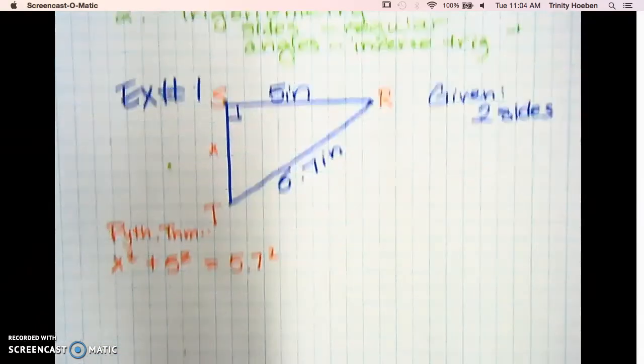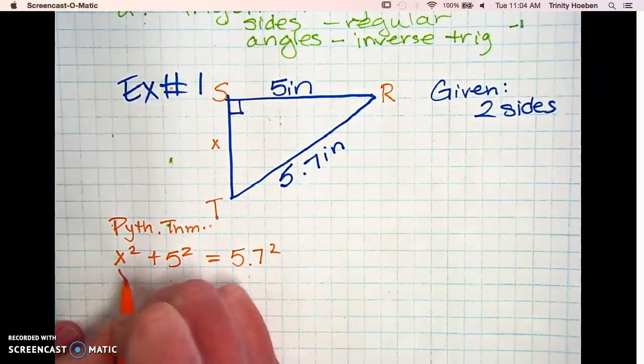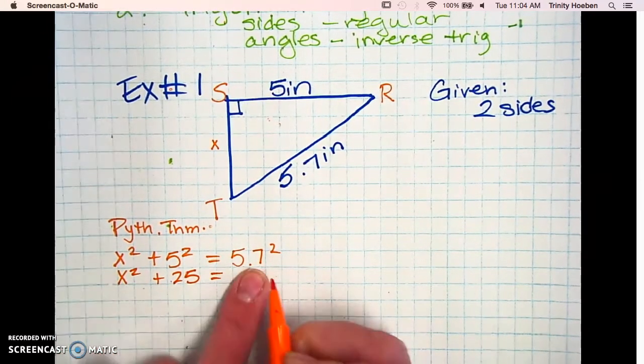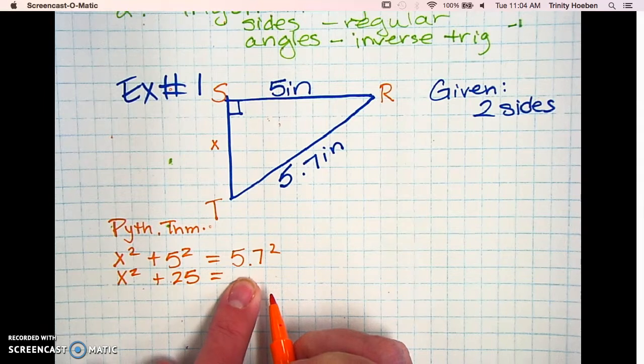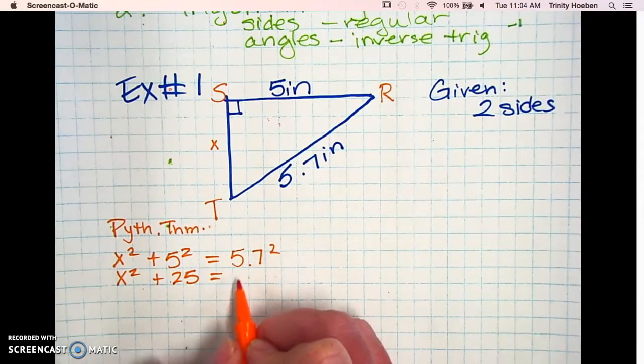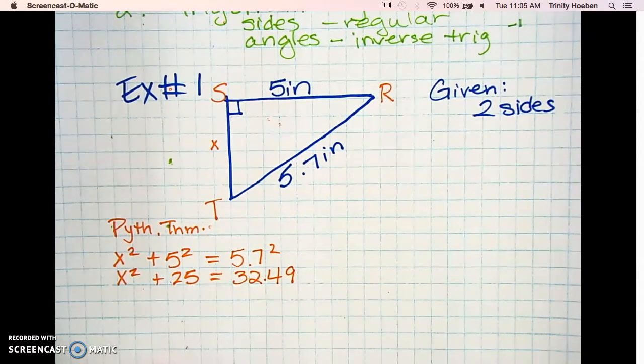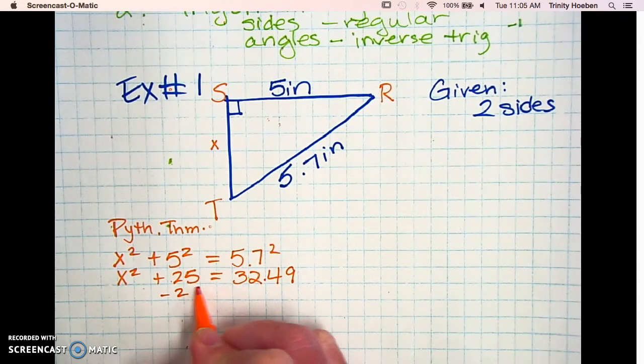From here, most of this can be done on your calculator, right? So x squared plus 25, and then you want to take 5.7 and square it. You can use the square button, or you can just multiply 5.7 times 5.7, and you should get 32.49. And then you subtract 25 from both sides.